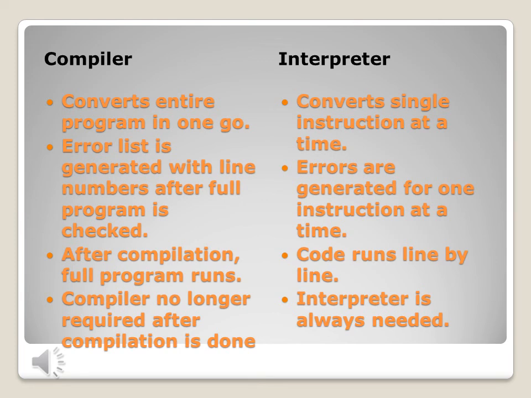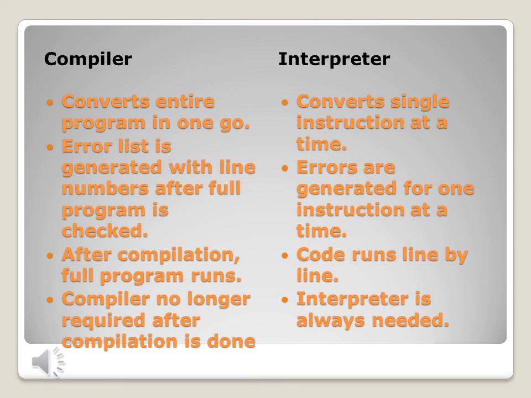If we are using a compiler, then the full program will run after the compilation of the complete program, while in the interpreter the code will run line by line. If we are using a compiler, then once the compilation is done, if we are not making any changes in the code, then the compiler is not required.